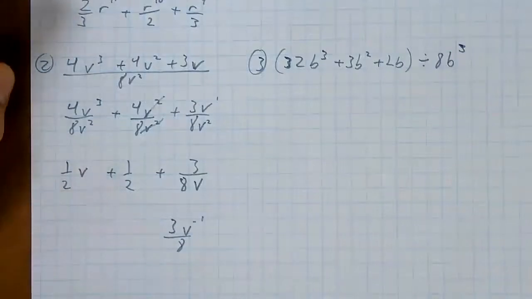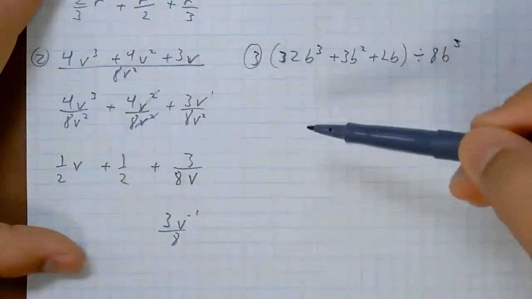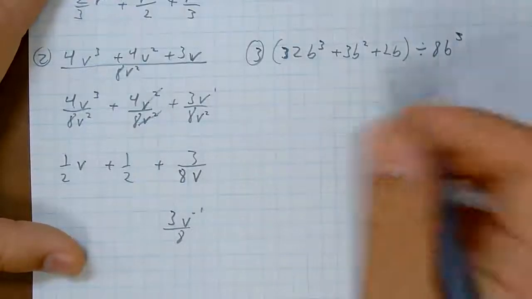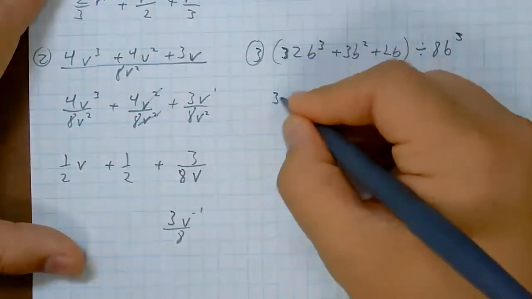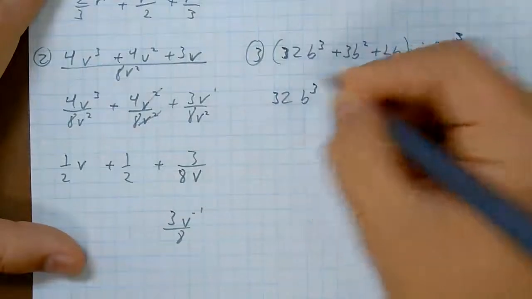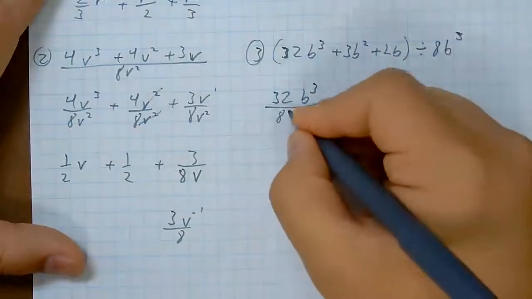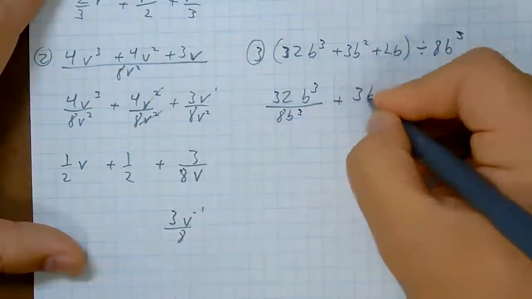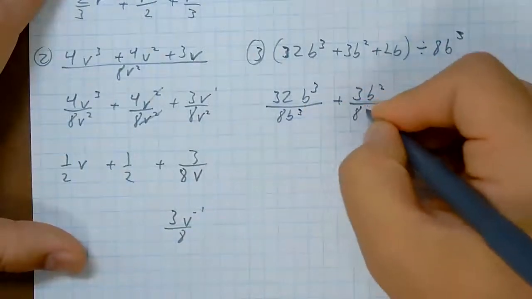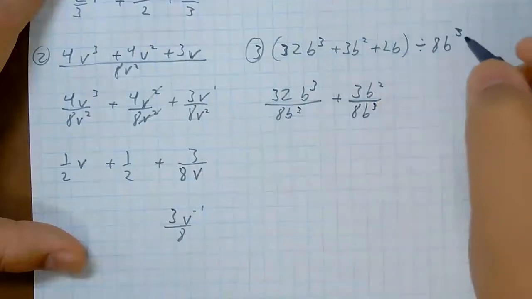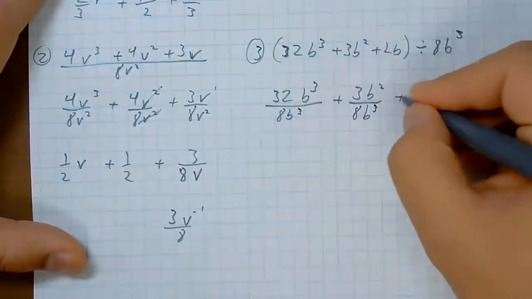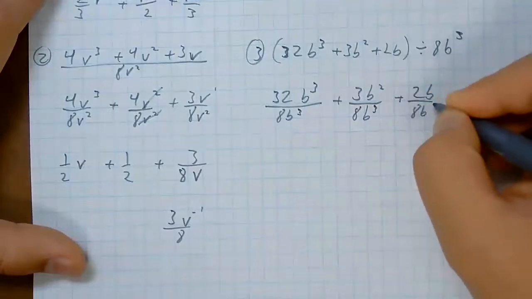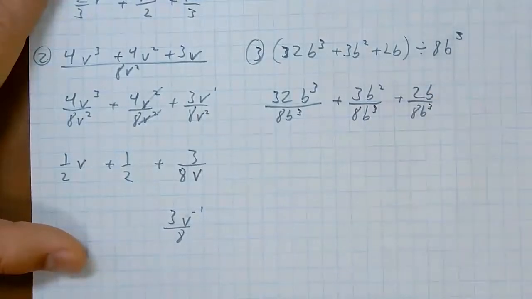We're still going to write it out just like we did here, but now everything inside the parentheses is going to be over 8b cubed. So 32b cubed over 8b cubed plus 3b squared over 8b cubed plus 2b over 8b cubed.